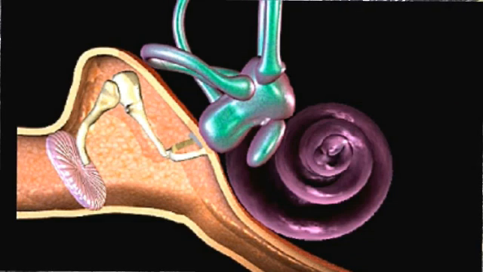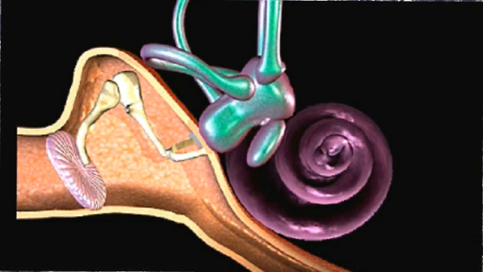We know that the eustachian tube is connected to the pharynx, and so it connects the middle ear and the pharynx. The eustachian tube is a tubular structure that connects the middle ear and the pharynx.